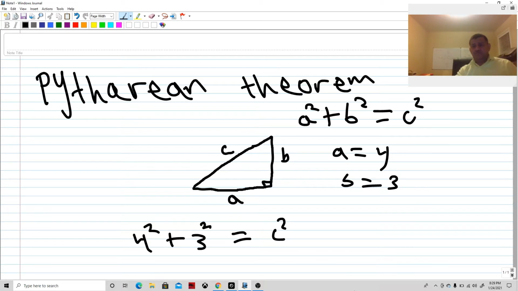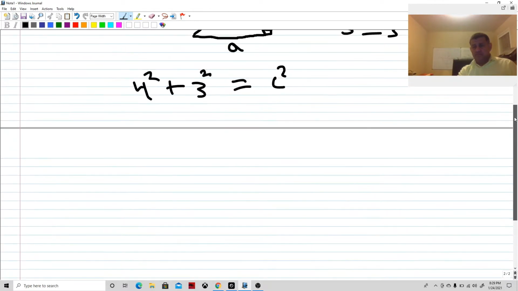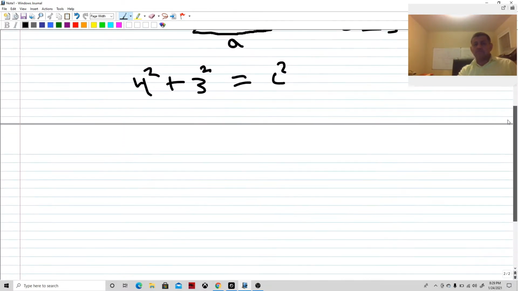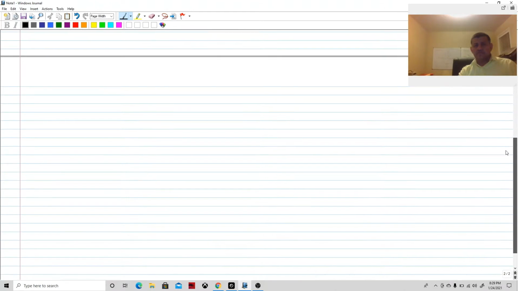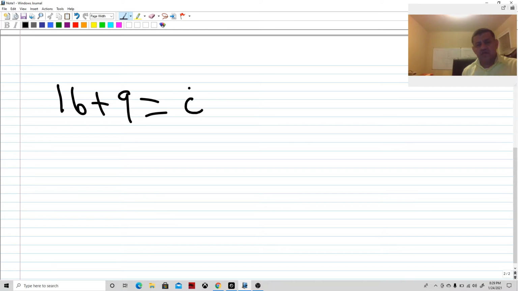Now we said that 4 squared is 16 and 3 squared is 9, so that is equal to C squared on this side, but I'm not done yet, right?